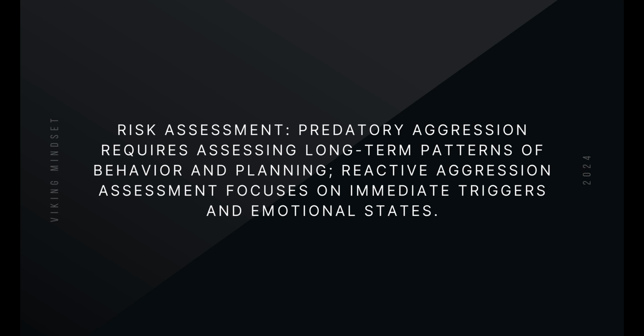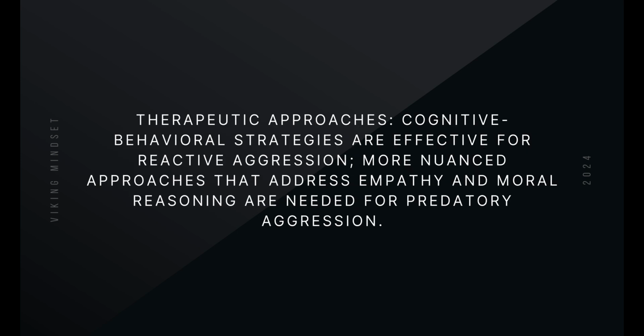Predatory aggression requires assessing long-term patterns of behavior and planning, whereas reactive aggression assessment focuses on immediate triggers and emotional states. As far as therapeutic approaches go, cognitive behavioral strategies are effective for reactive aggression. More nuanced approaches that address empathy and moral reasoning are needed for predatory aggression.